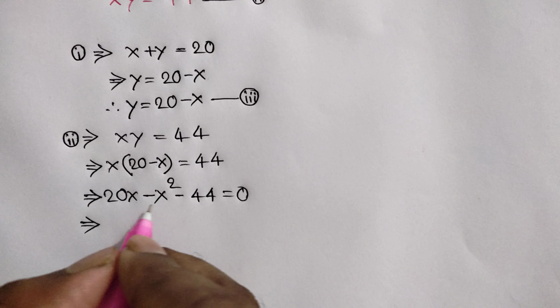Now we will find out using the quadratic formula. So x is equal to minus b plus or minus square root of b square minus 4ac over twice a.